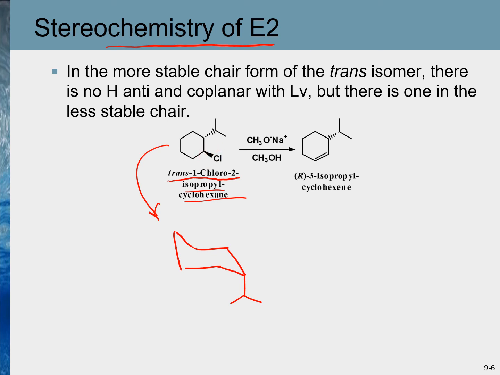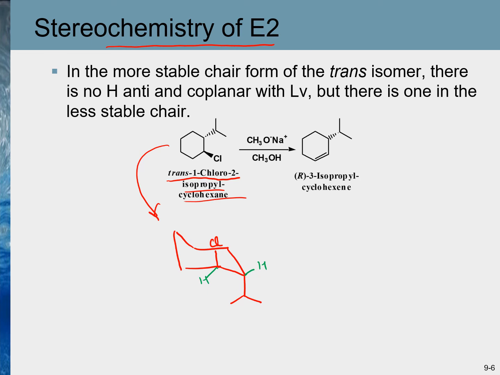That means the chloro group is at axial position. And of course there is a hydrogen at equatorial position and another hydrogen here at equatorial position.